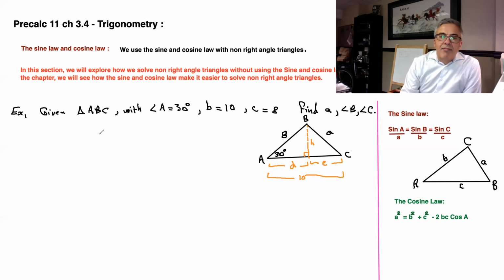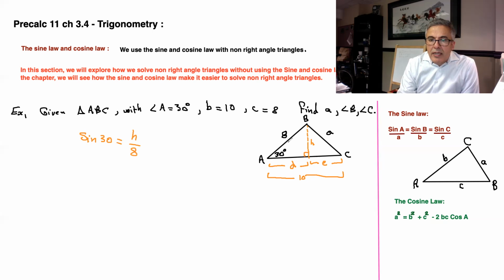Because if we have that, we could do sine 30 would equal the height, which is the opposite over the hypotenuse. So if we're looking at this triangle right here that once we introduce this vertical height at 90 degrees, meaning the base, now we have this triangle to work with to find out what H is.